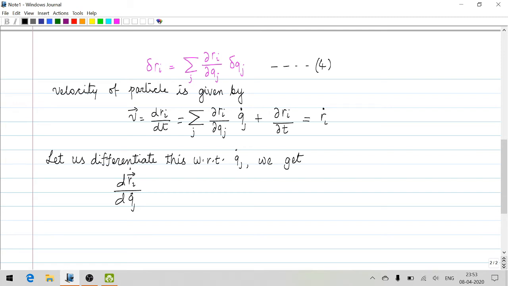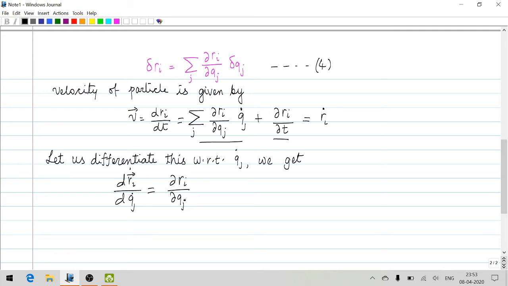Now this will be equal to, if you take the derivative of this term, this is equal to 0. Now the derivative of this term, Qj dot derivative, will be 1. So I will only have its coefficient dou Ri upon dou Qj.